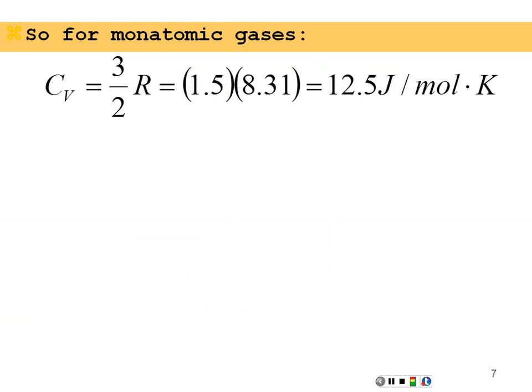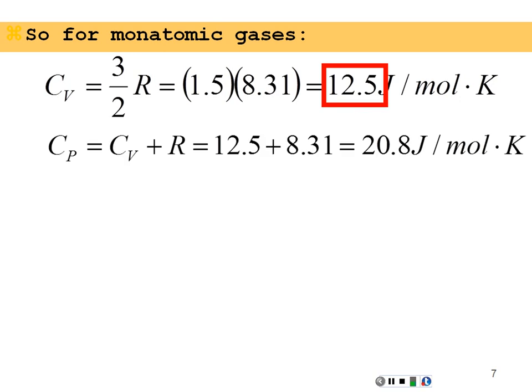So for monatomic gases, the molar specific heat at constant volume is 3/2 R, which is 1.5 times our famous gas constant, 8.31, 12.5 joules per mole per Kelvin. The molar specific heat at constant pressure is an R added to this. So it's going to be C sub V plus R, 12.5 plus 8.31, 20.8 joules per mole per Kelvin.